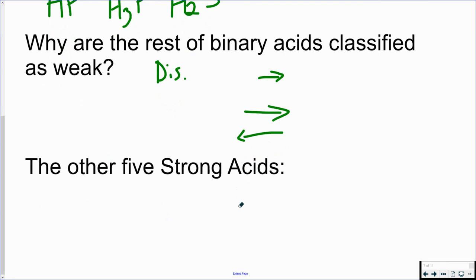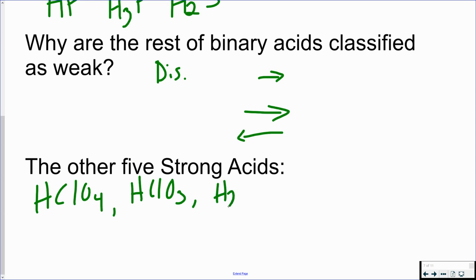The 5 other strong acids that you would need to know are HClO4, which is perchloric acid, HClO3, chloric acid, H2SO4, sulfuric acid, which happens to be the only diprotic strong acid.